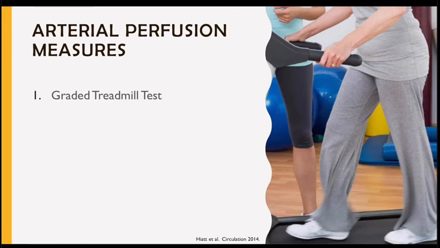So you would just want to document, if you're doing this for initial claudication symptoms, and let's say they get there at 4 minutes, a graded treadmill test, 4 minutes to initial claudication symptom. Or if you're going to maximum, then you document that. Graded treadmill test, 8 minutes to maximal claudication symptom, where they just couldn't take it anymore. So you measure the time to pain and their maximal walking time.